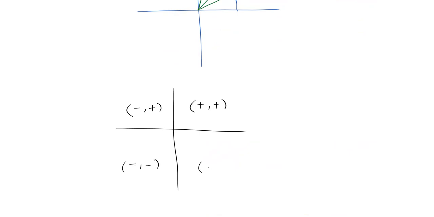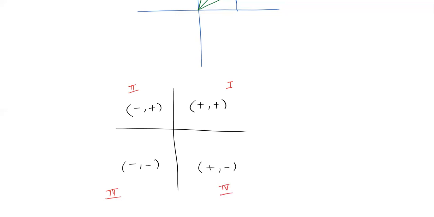And with one last piece here, I remember we said plus plus, minus plus, minus minus, and plus minus. So I'll just write the quadrant numbers too.